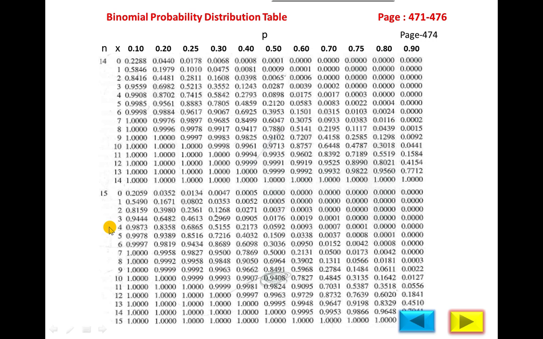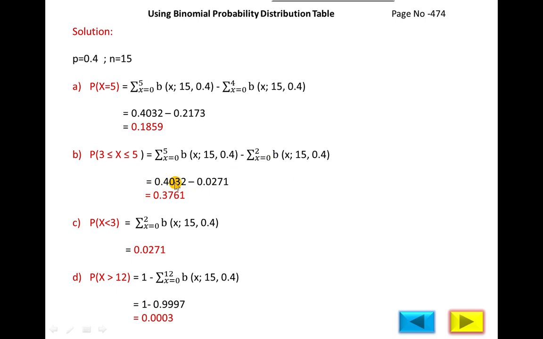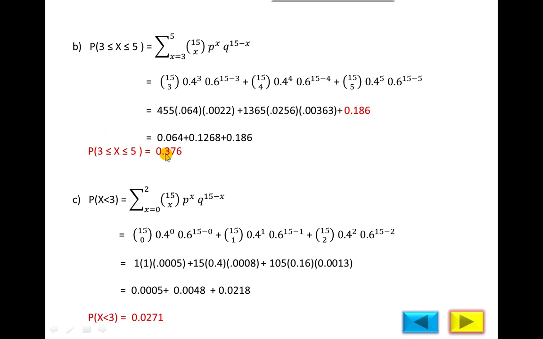The probability of 5 indicates the probability of 0 to 5, not only 5, because this is the cumulative probability. So 0.4032 minus 0.0271 gives the same answer, 0.3761.